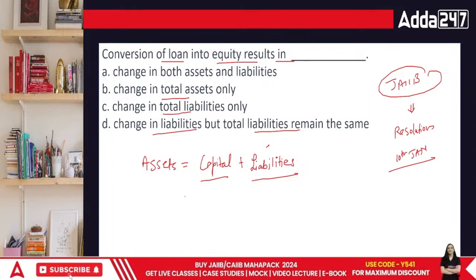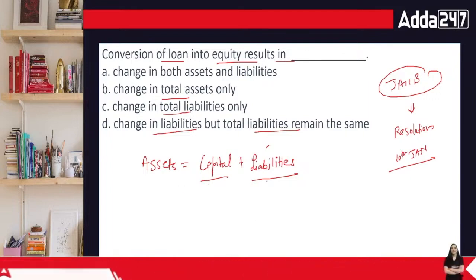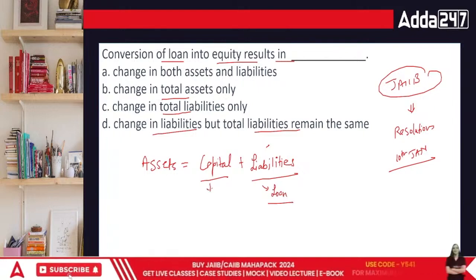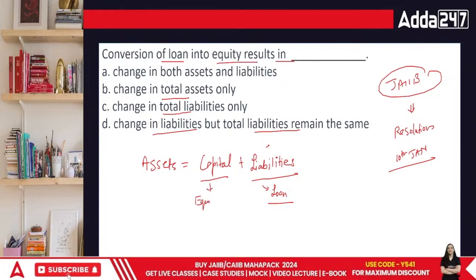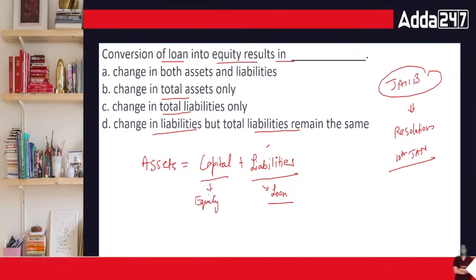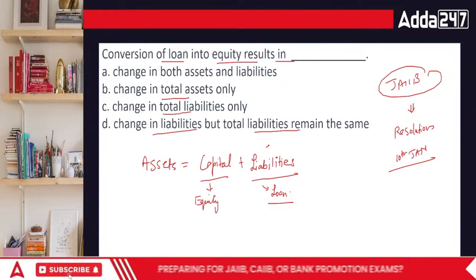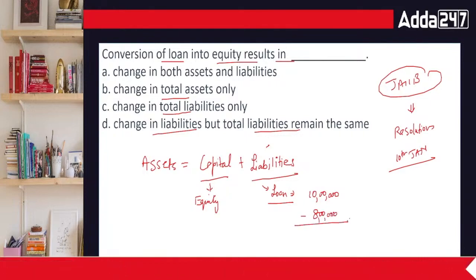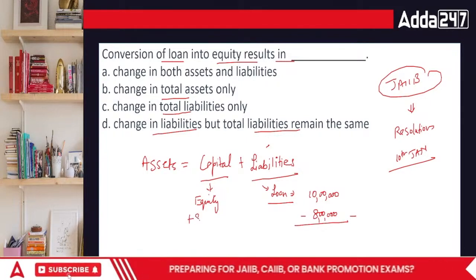So in this case, what should I do? The loan is a part of liabilities, and equity is the capital. If there was a loan of 10 lakh, out of 10 lakh they said 8 lakh is converted into equity. So technically you will remove 8 lakhs from here and you will add 8 lakhs here, right?